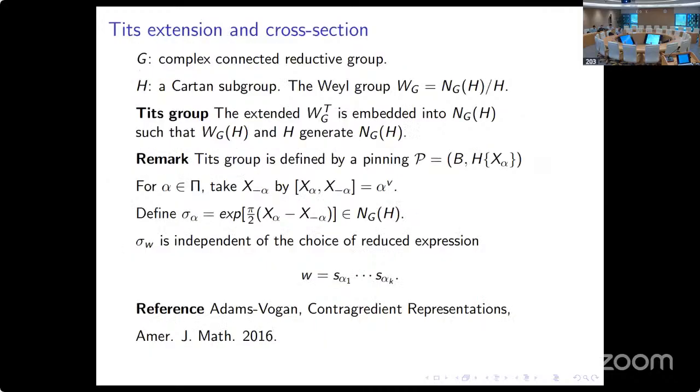Let me also tell you there is another way to do the lifting. This is called the Tits group, or Tits extension of the Weyl group by some cross sections. So there are some other ways of describing this. I'm giving the reference to Conrad. The way to define this is the following: we have to fix a pinning. Pinning basically is a Borel and Cartan subgroup and a fixed choice of positive root vectors.